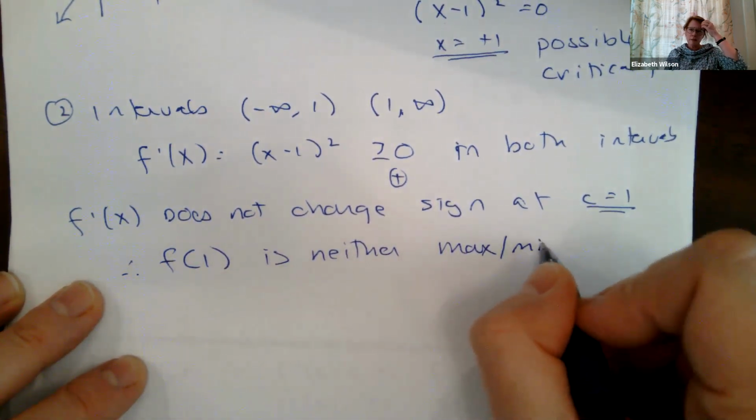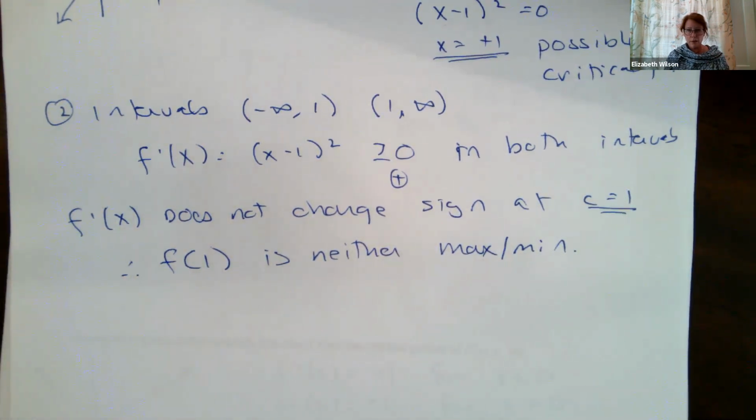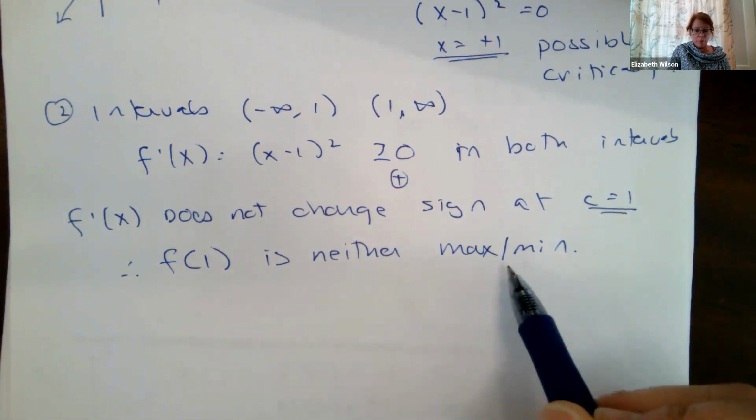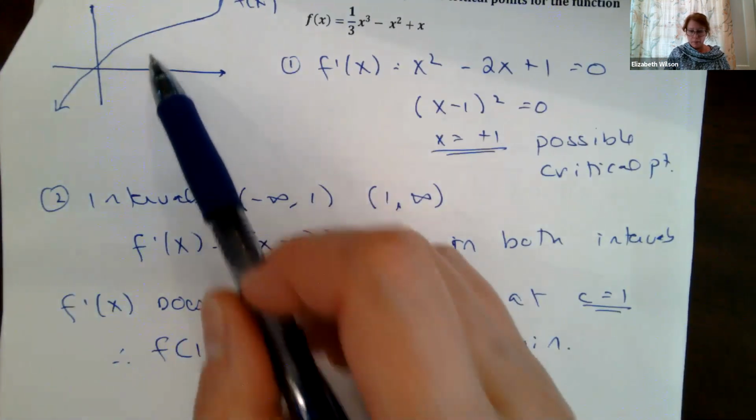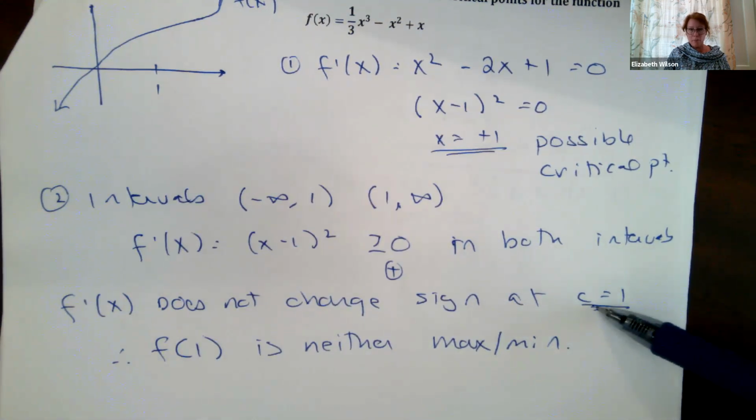It is important, though. We're going to see it's an inflection point. It's where the behavior of the function is changing, but in a different way than what our first derivative is going to tell us. So it's neither a max nor a min, which you can kind of see from the graph, but it's not changing sign, so it's not a max or a min.